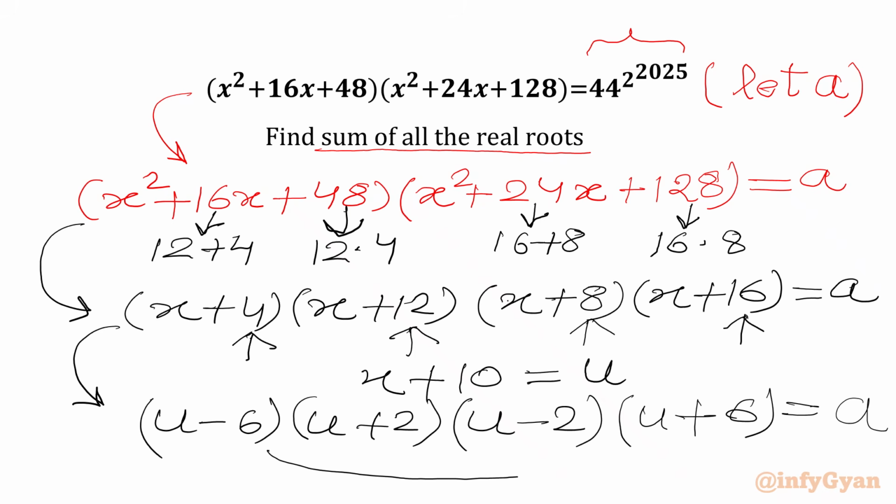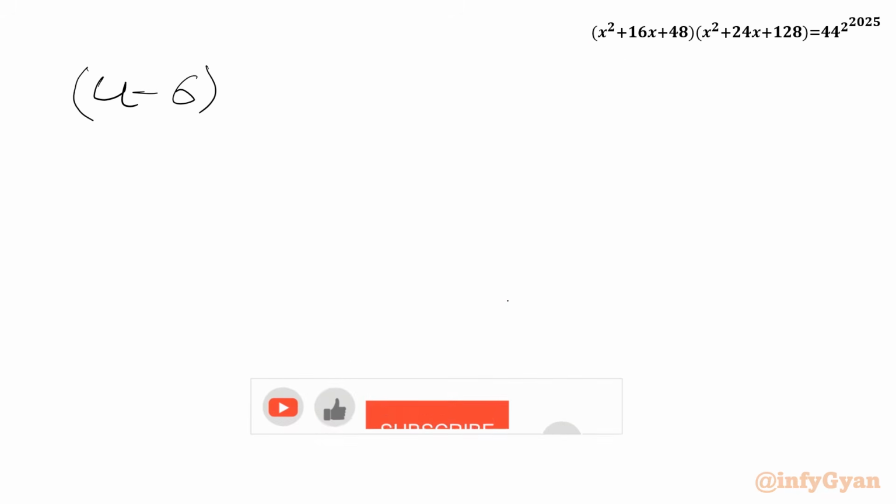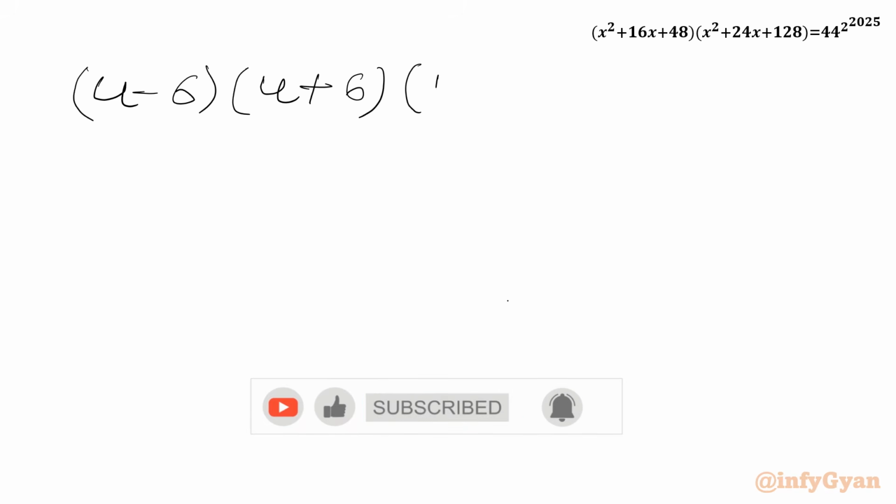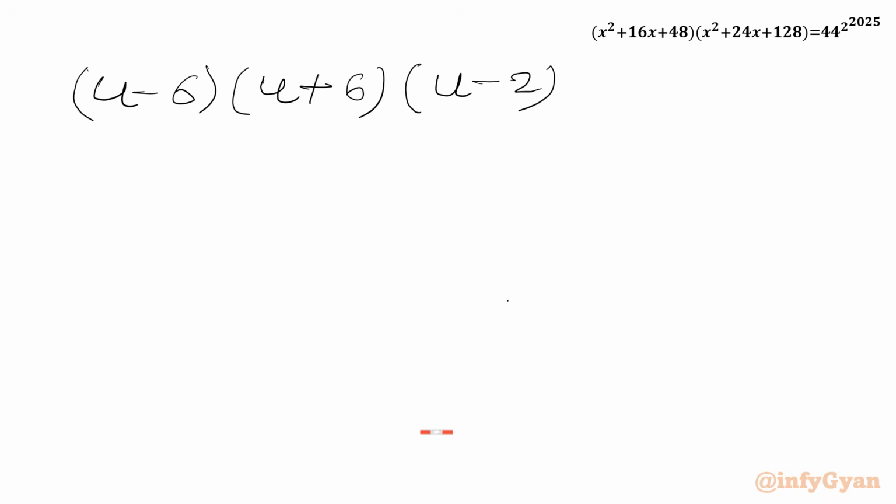Now we will club these brackets so that we can use the difference of two squares identity. We write (u minus 6)(u plus 6) times (u minus 2)(u plus 2) equal to a.